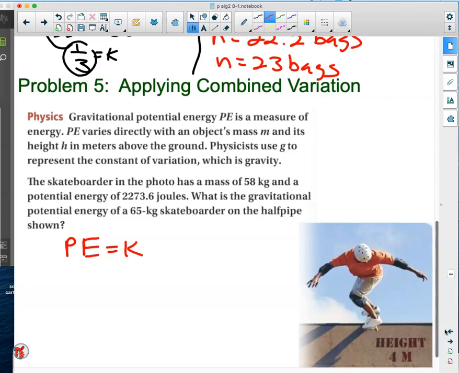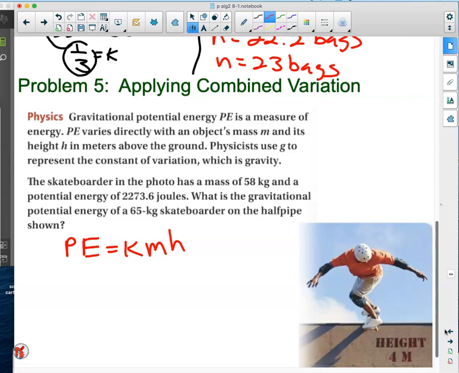It varies. So PE equals K directly with an object's mass, M. Directly. Multiplying or dividing? And its height, H. So what do I do with the H? Now this is science. They should not have said directly.